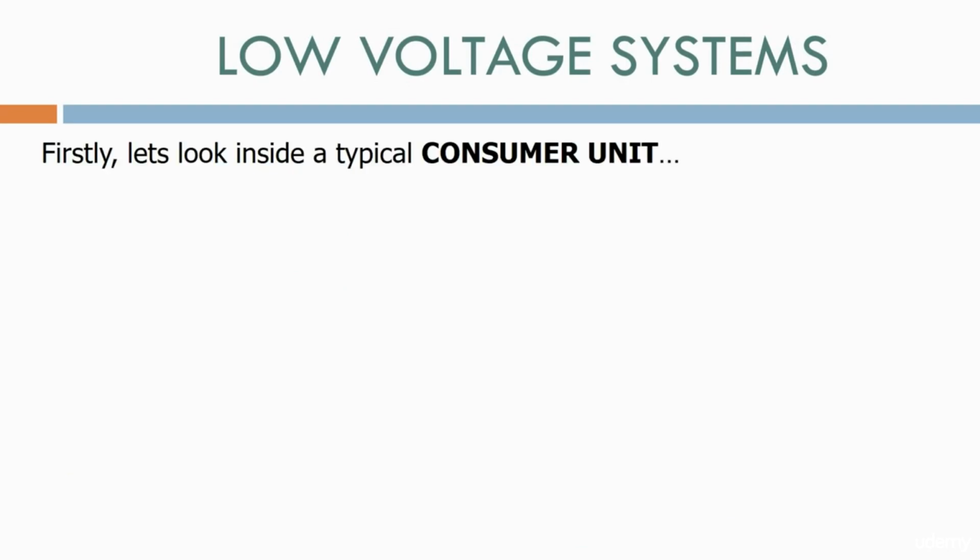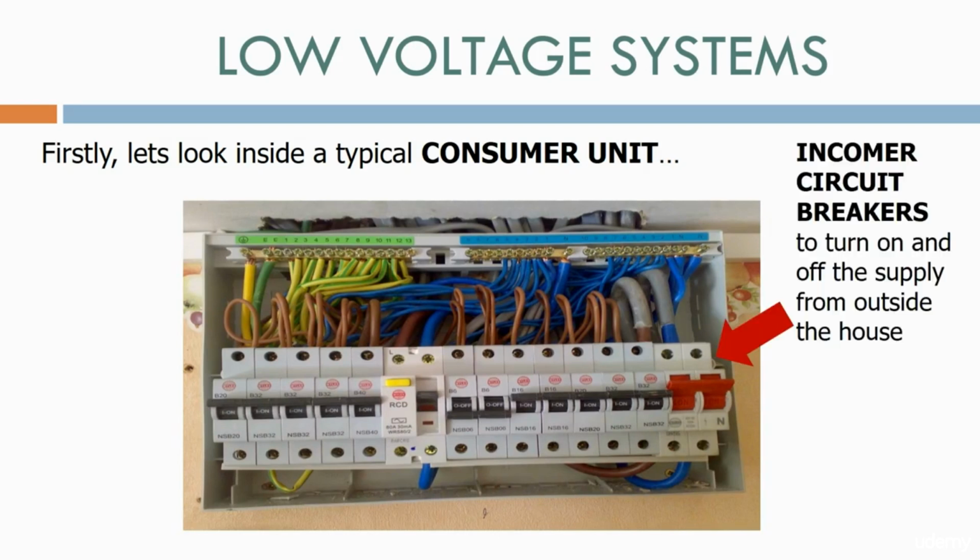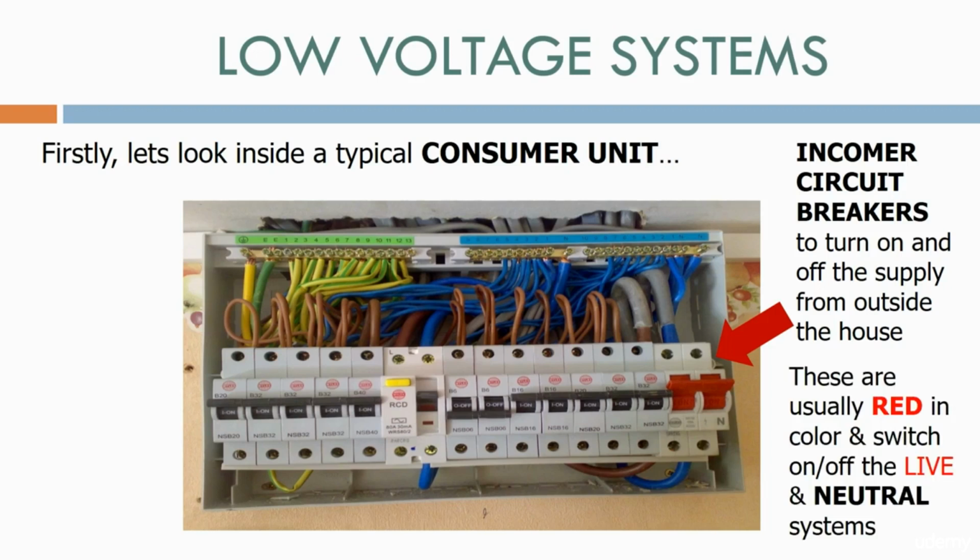Firstly, let's look inside a typical consumer unit. The first thing we have is incomer circuit breakers to turn on and off the supply from outside the house. These are usually red in colour and switch on and off the live and neutral systems.